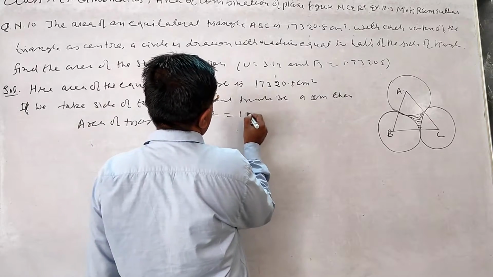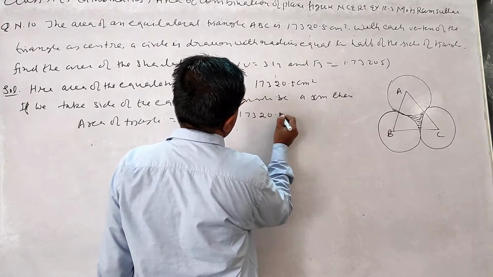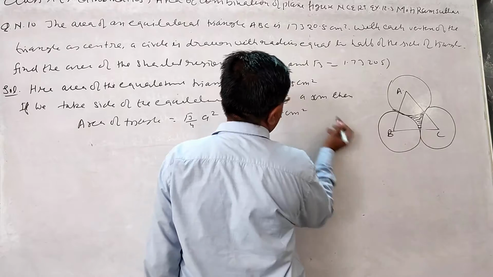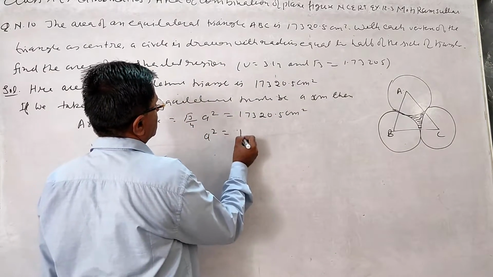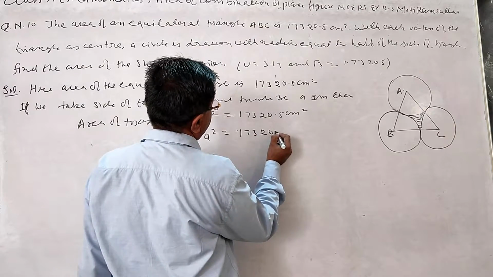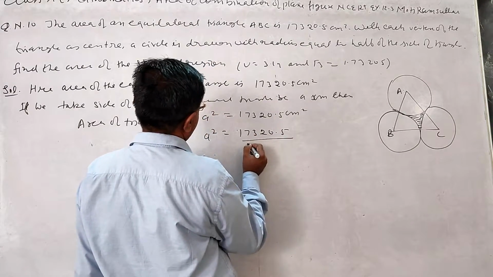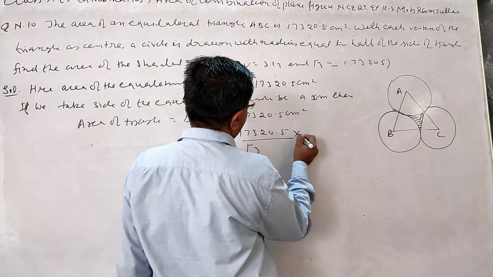So here we have 17320.5 centimeter square. So we need the side. So a square is 17320.5 divided by √3 into 4.